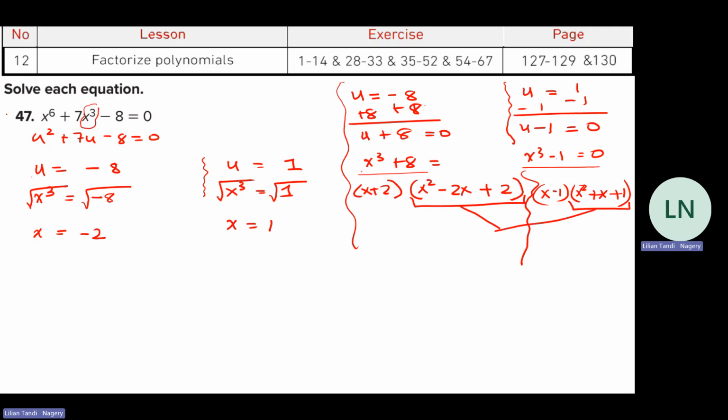So remember, you need 6 roots. So 2 of the roots will come from here, and 2 of the roots will come from here. 1 root, 2 roots, 3, 4, 5, 6.